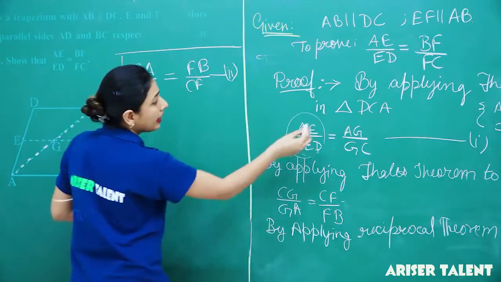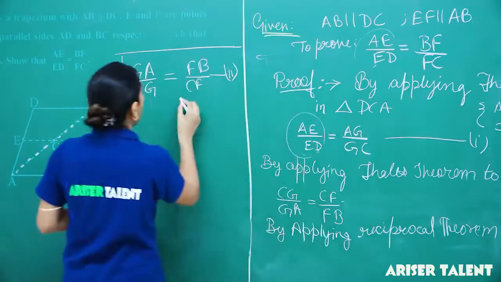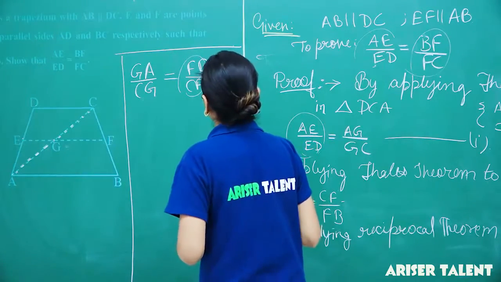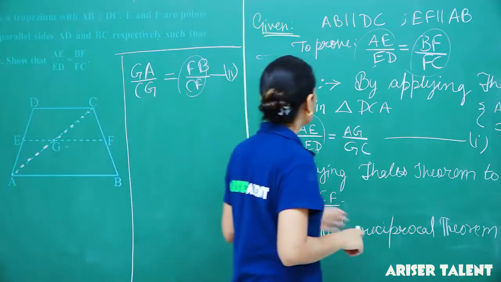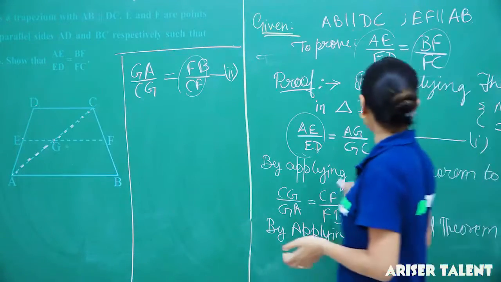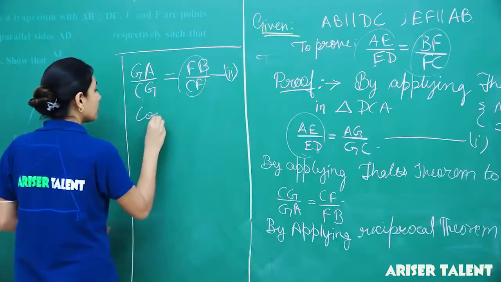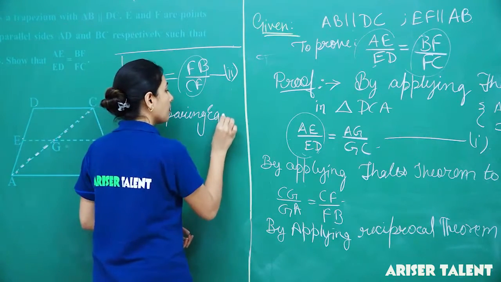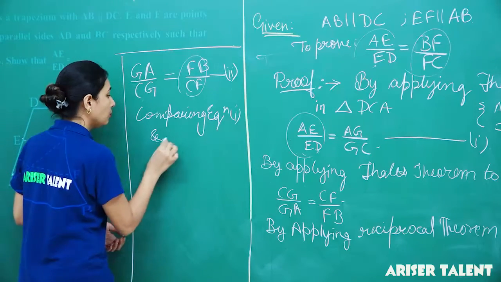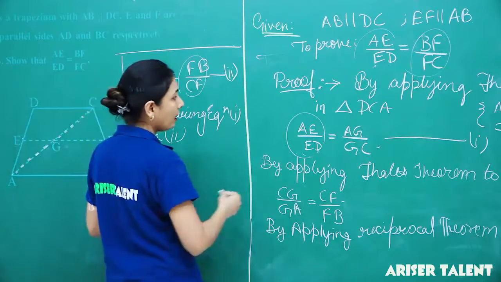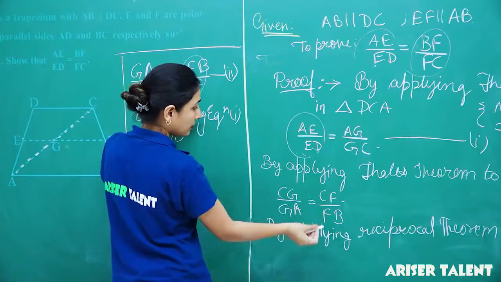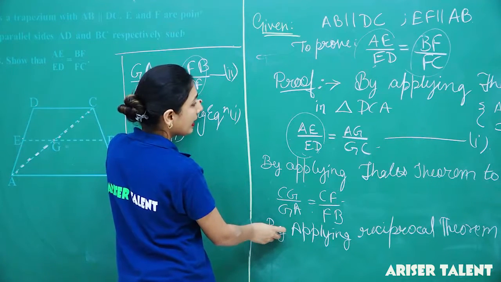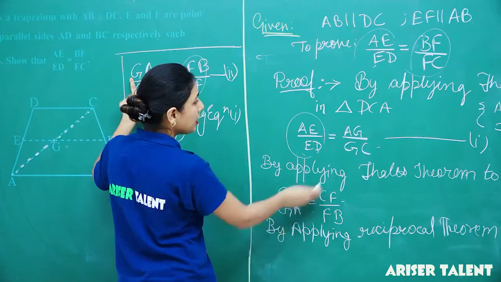Comparing equation one and 2, we can have this: FB and CF, AG and GC.